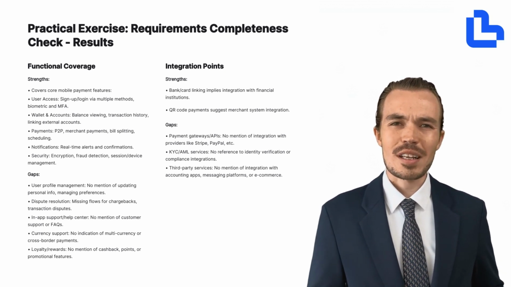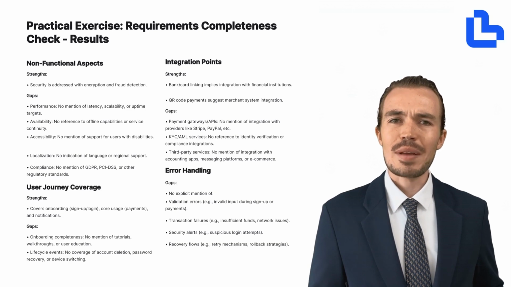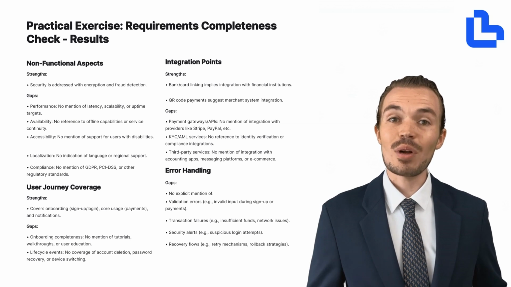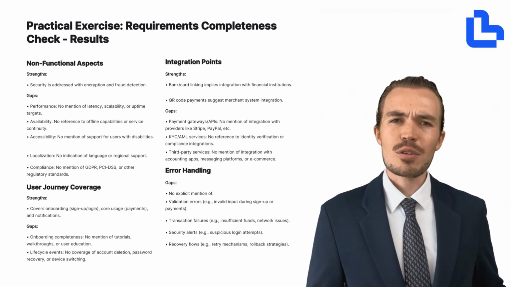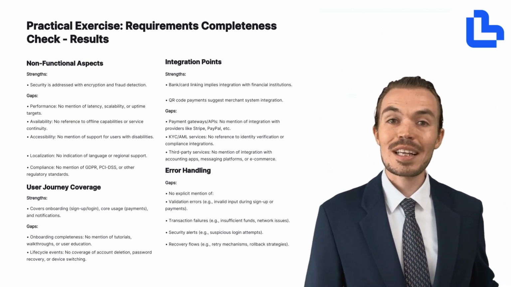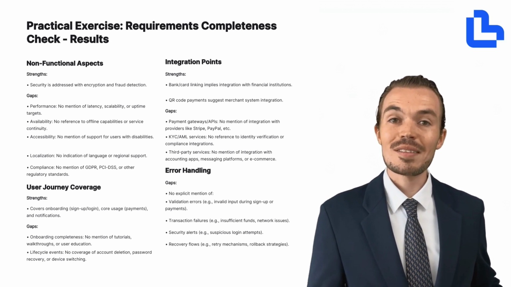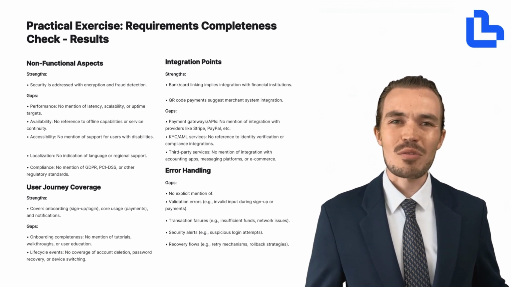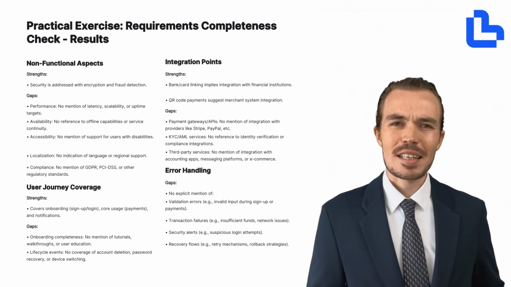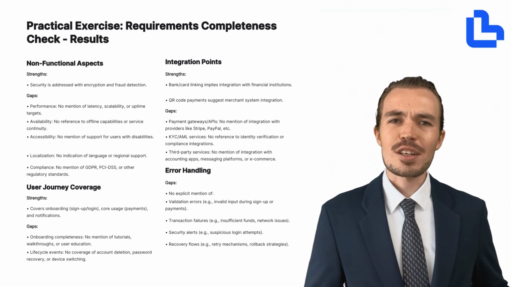For non-functional aspects, the strengths are that security is addressed through encryption and fraud detection. The gaps include lack of performance, availability, accessibility, localization, and compliance requirements. In terms of user journey coverage, the strengths are that onboarding, core usage, and notifications are covered.